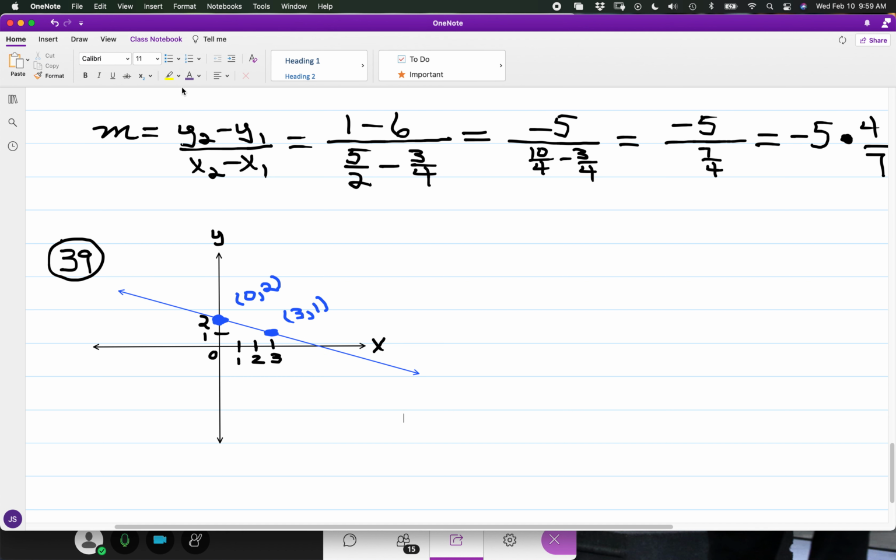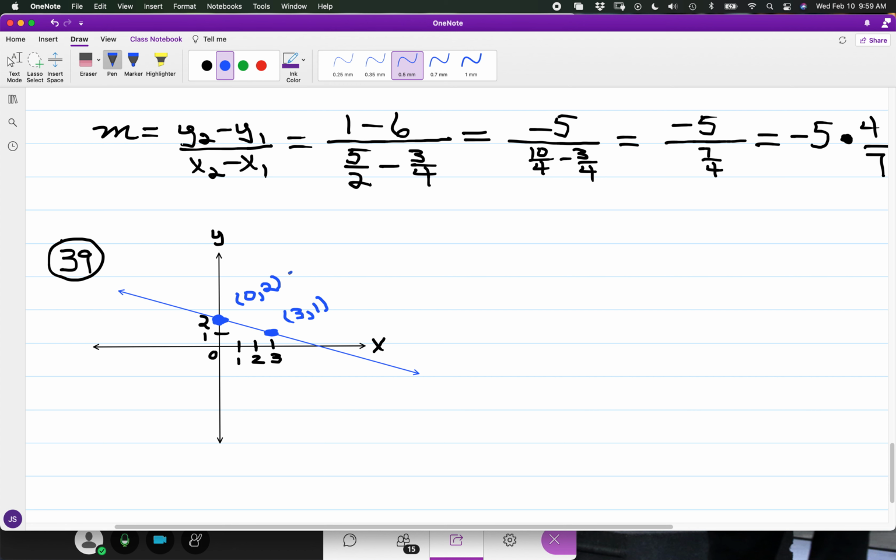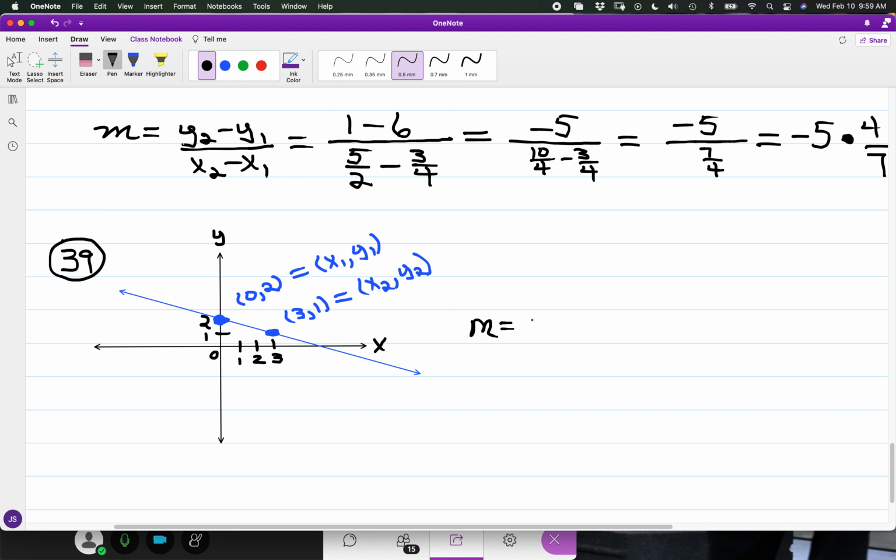So what we can do here is let 0, 2 represent x1, y1, and have 3, 1 be the second ordered pair. And so in the case of the slope, y2 minus y1 all over x2 minus x1.